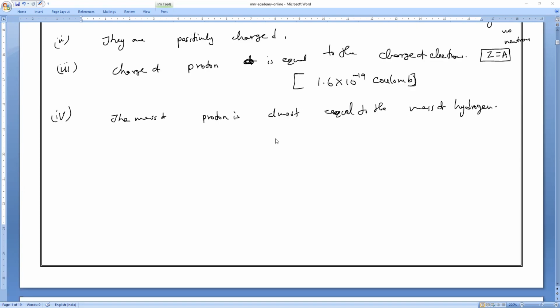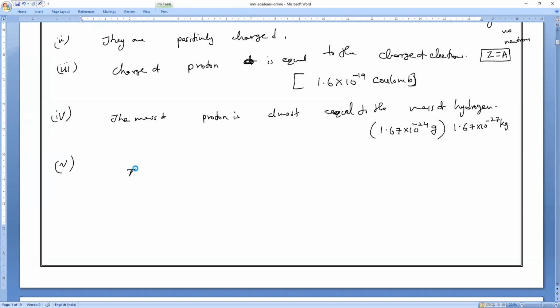Next, where are they present? They are present inside the nucleus. And write down the mass amount: 1.67 into 10 power minus 27 kg, or minus 24 grams. So please note it: 1.67 into 10 power minus 27 kg or 10 power minus 24 grams.